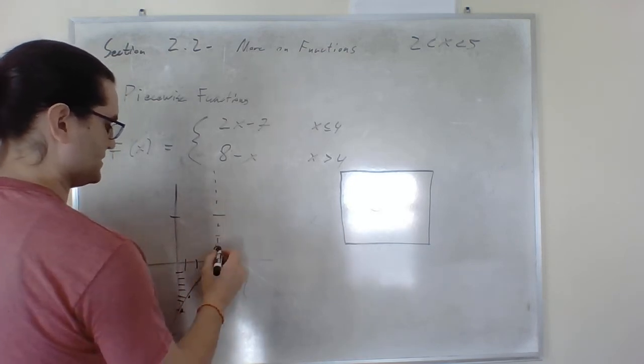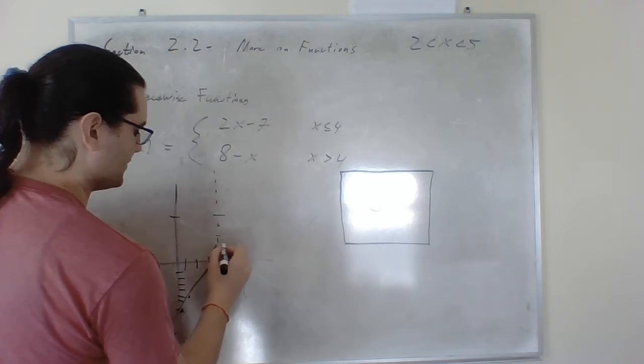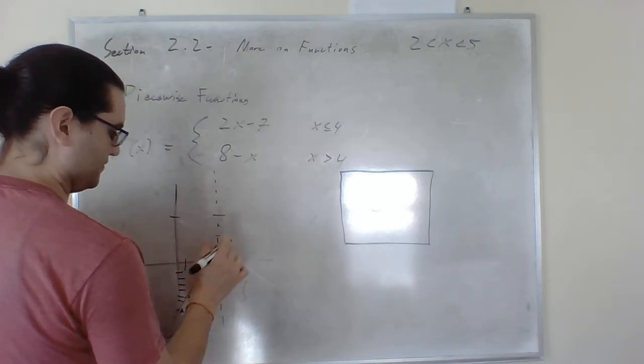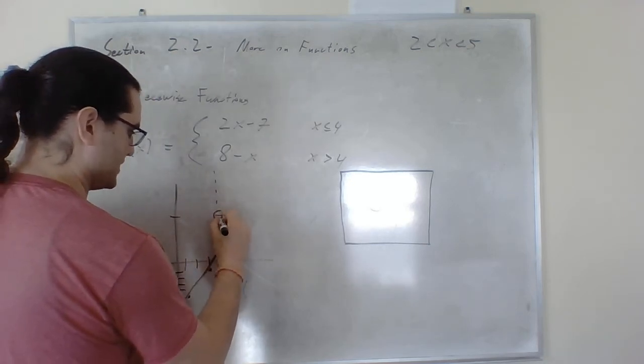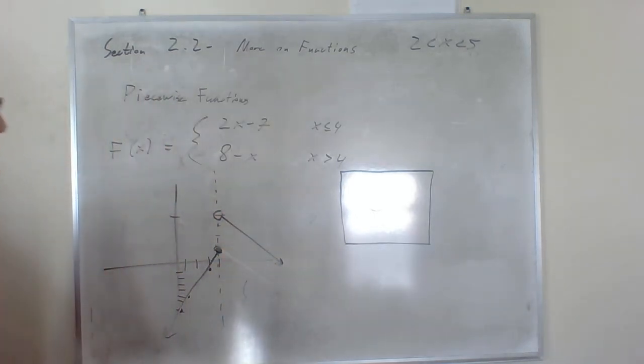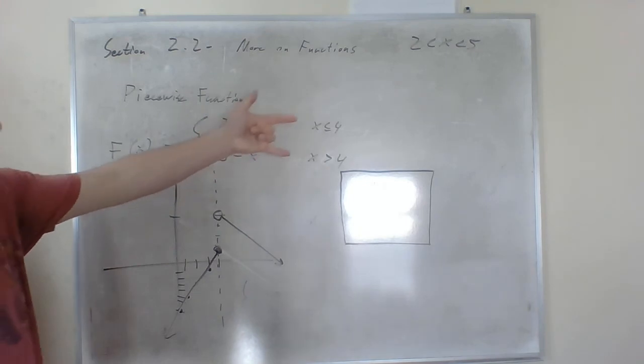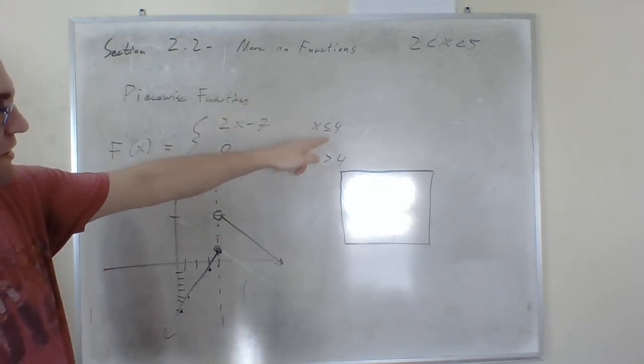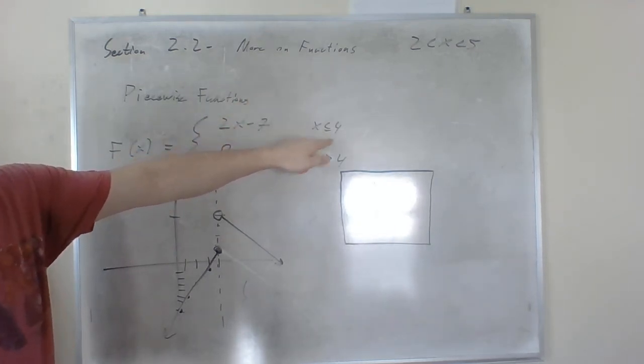When that happens, one of these sides gets a filled in dot and the other side gets an empty circle. And you determine which is which by which of these gets the strict inequality and which of them has the less than or equal to inequality.